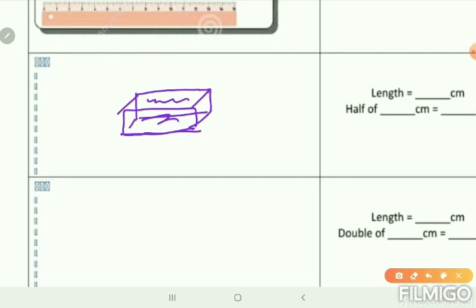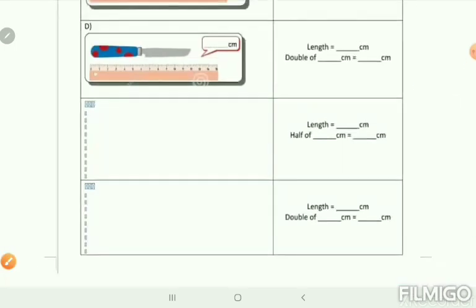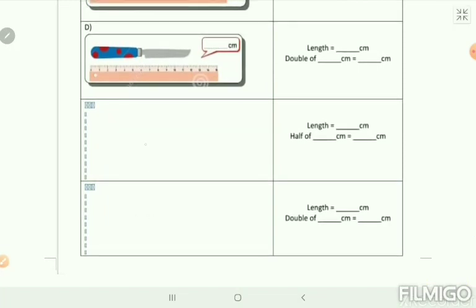You can design it, color it, then find its length and write the length here, and then find half of it. Any two objects you can draw, measure its length and find half and double, whatever is asked in the question. So this activity worksheet you are going to complete.